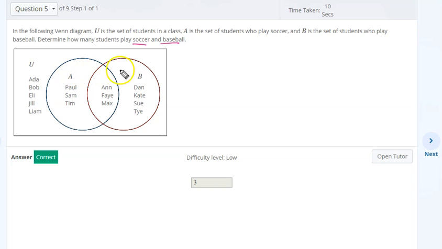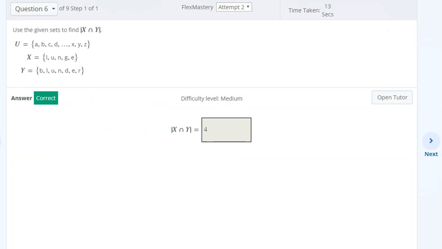Well, soccer and baseball, the ones that intersect, it's 3. So a relatively easy one here.